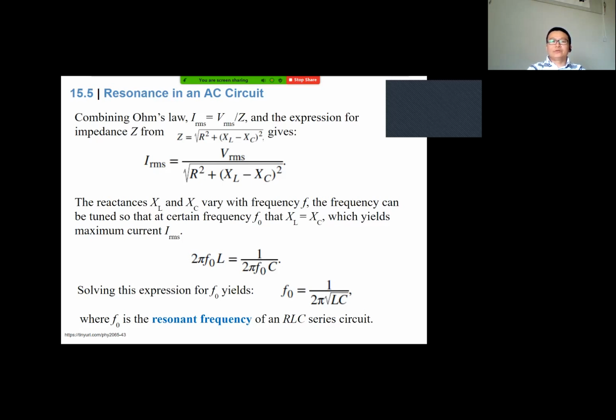So you can tune the frequency so the two are equal to each other, and at that frequency you have resonance. And the radio in your car, either FM or AM band, is basically using that resonant frequency to capture the maximum signal. Okay, all right.